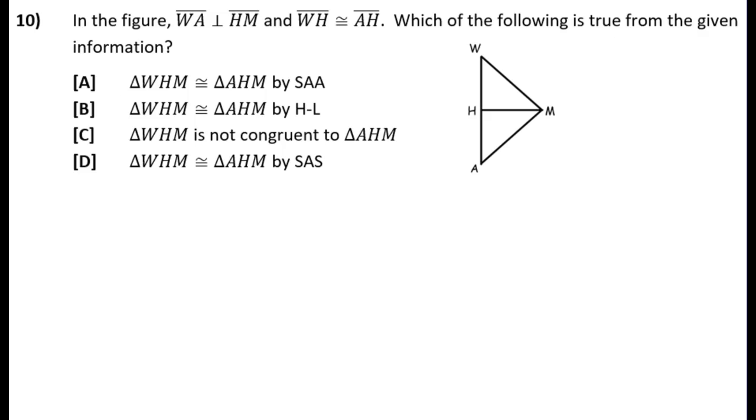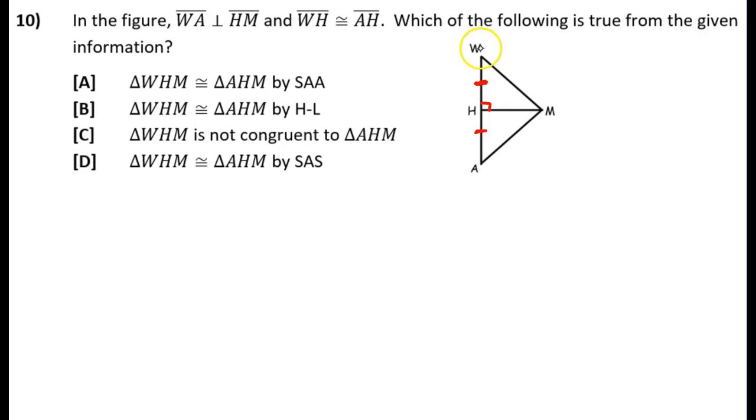Number 10, it says in the figure, segment WA is perpendicular to segment HM. So WA perpendicular to HM, that means that I have a right angle there. And segment WH is congruent to segment AH. Which of the following is true from the given information?